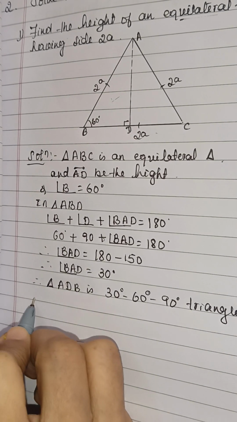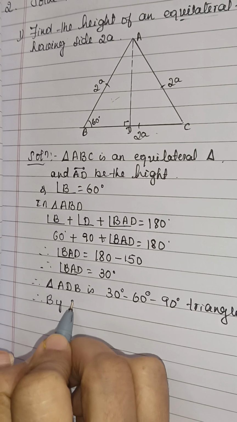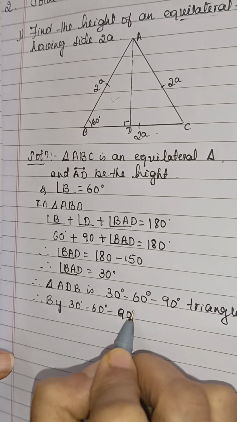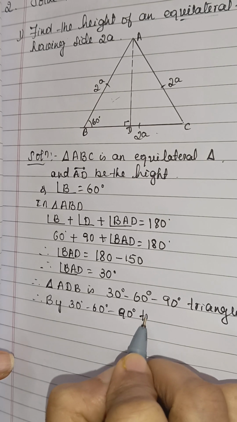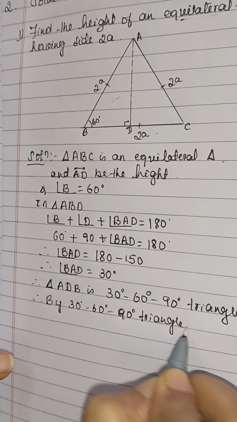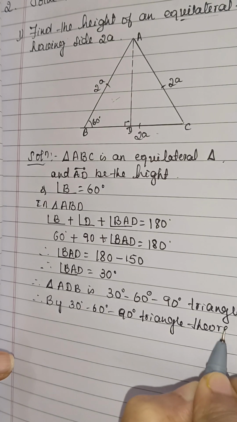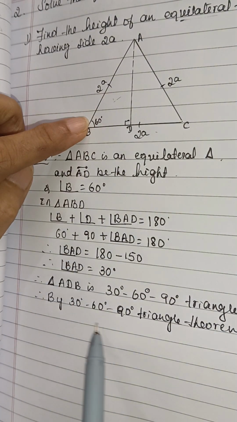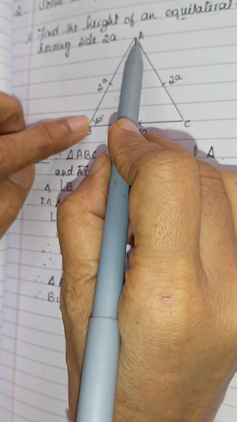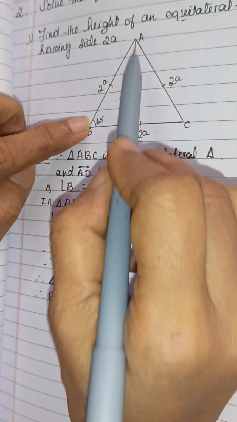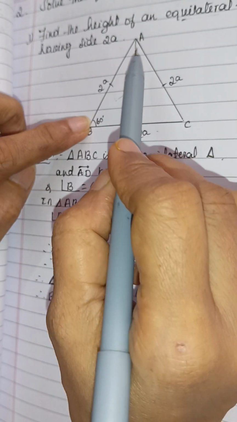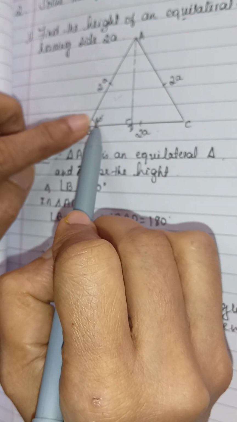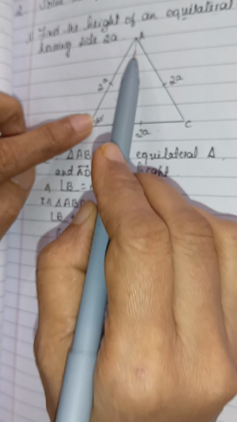Therefore by the 30-60-90 degree triangle theorem we have to find the length of AD. The side opposite to 60 degrees is AD.